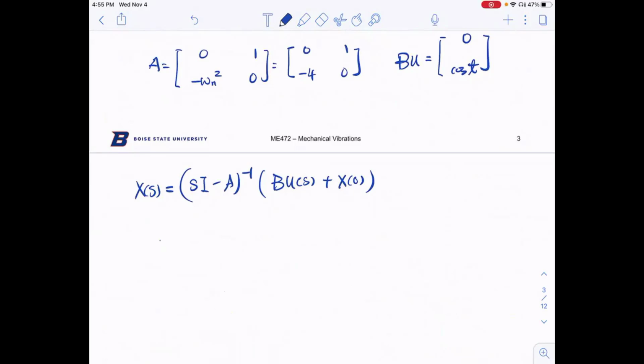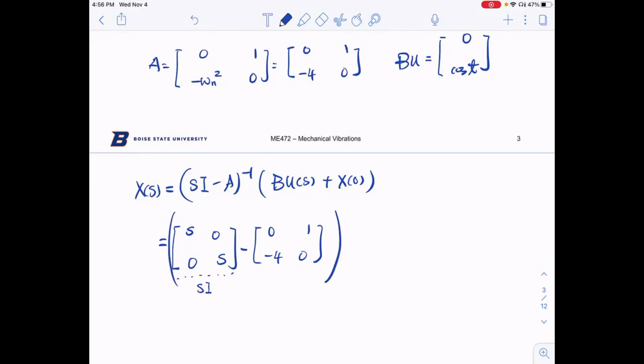So then you can write these out. What is sI? Your sI is just s times the identity matrix. So you only have s on the diagonal terms, and all the off-diagonal terms are 0. That underlined part is s times I. And then minus A is 0, 1, minus 4, 0.